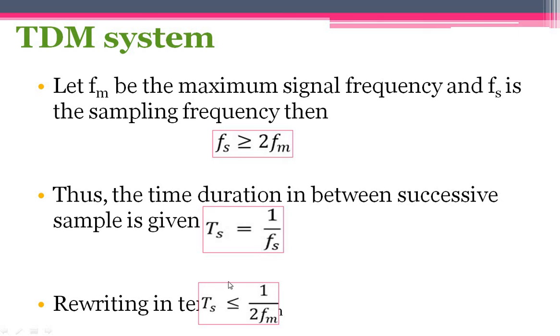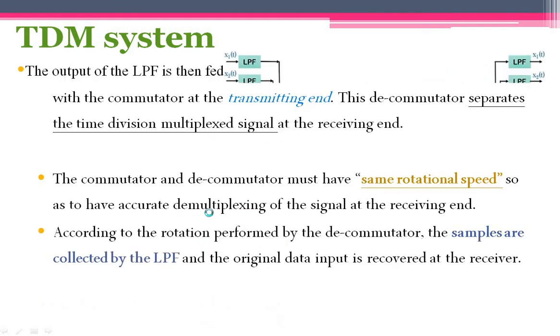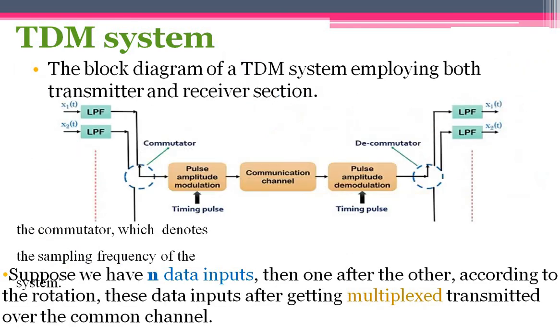So this is rewritten as Ts is less than or equal to 1 by 2fm. So this was about your time division multiplexing.